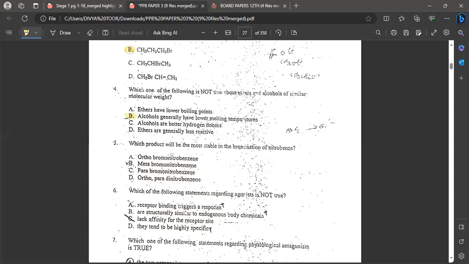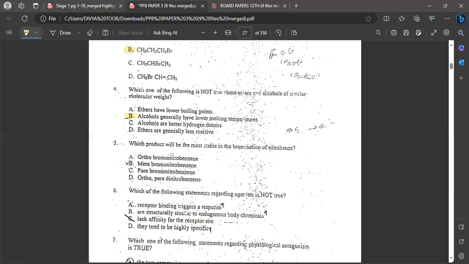Okay, which product is the most stable in the bromination of nitrobenzene? Ortho, meta, para dinitro; ortho bromonitrobenzene, meta bromonitrobenzene, para bromonitrobenzene, ortho para dinitrobenzene. We know one of these structures is more stable compared to the others. B, right? I think ortho and para are more stable compared to meta.